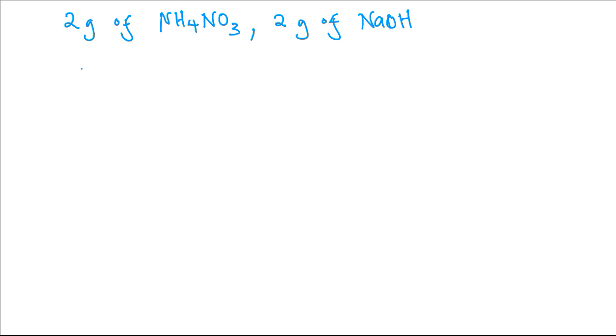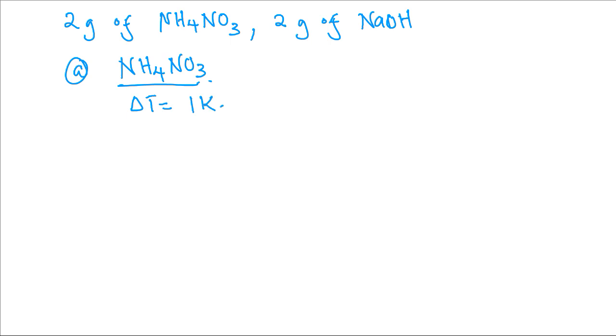Let us start by case 1, that is for ammonium nitrate. Given that delta T is 1 Kelvin, let's go ahead and calculate the molar heat of dissolution for this ammonium nitrate. Well, recall that delta H is mc delta T, where m is the mass.